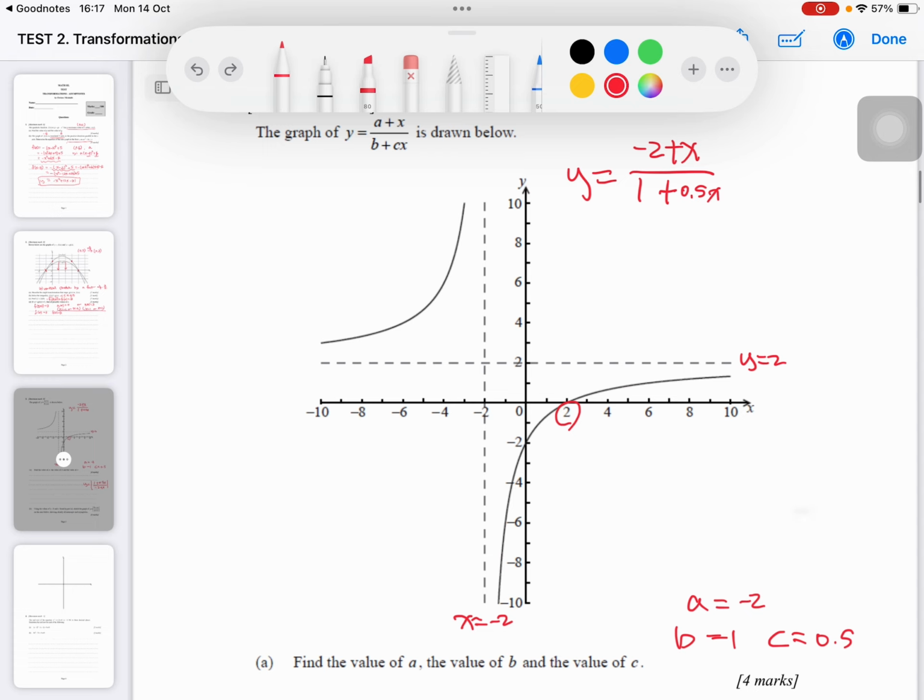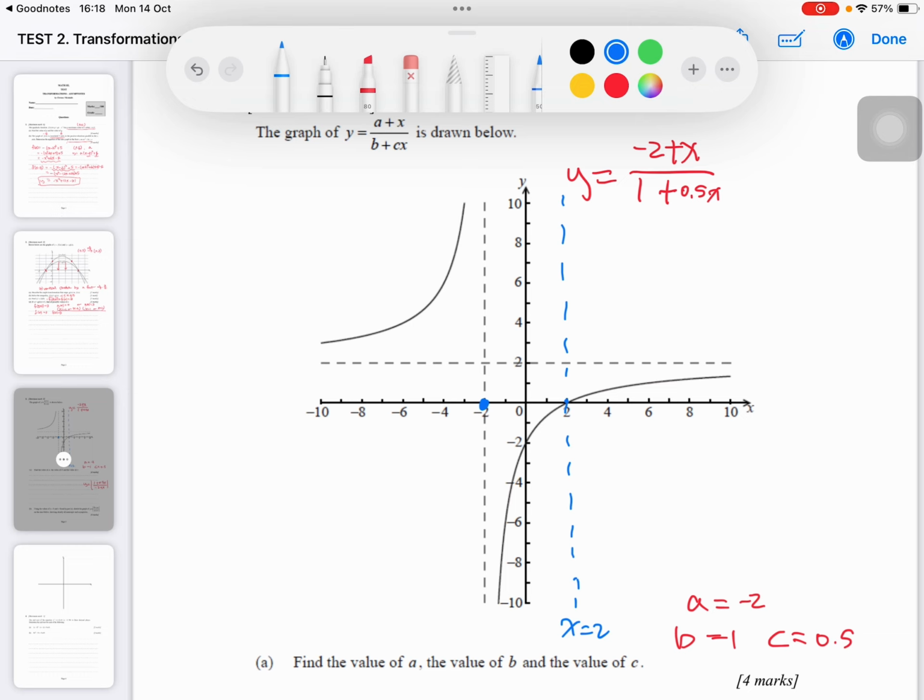So let's draw the modulus graph here, then the reciprocal graph, and apply the modulus. When it is an x-intercept, it becomes the asymptote. So x equals 2. When it was the vertical asymptote, it becomes 0.